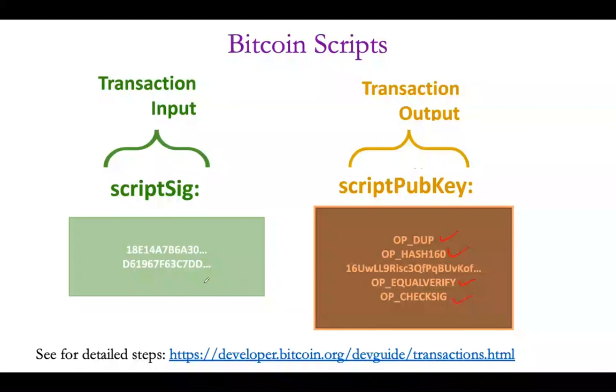For scripting, it uses the digital signature, meaning the digest is used for verification purposes. We'll see these one by one. The operation code DUP is a command or instruction. This is one instruction.